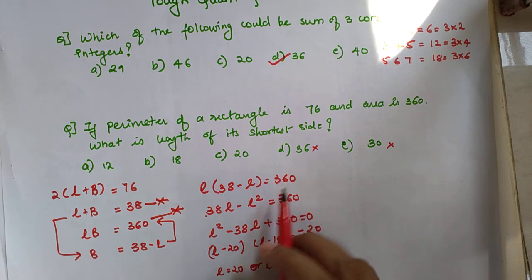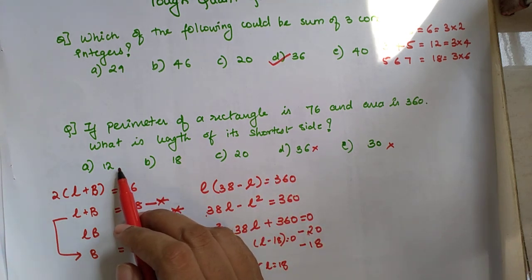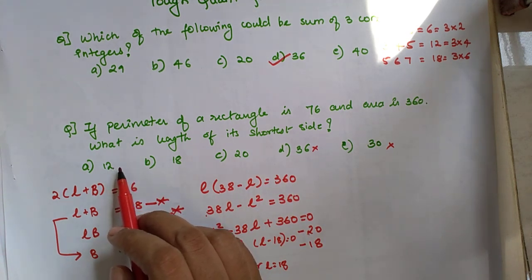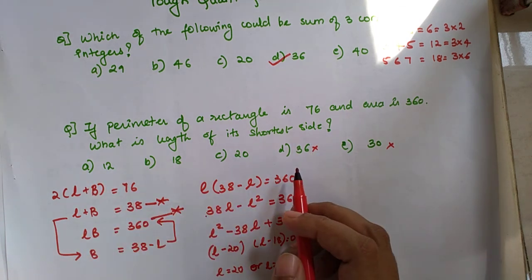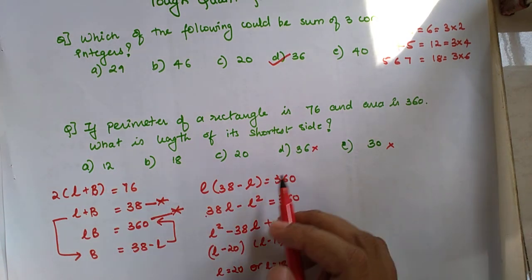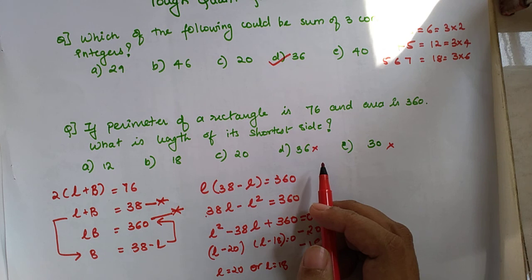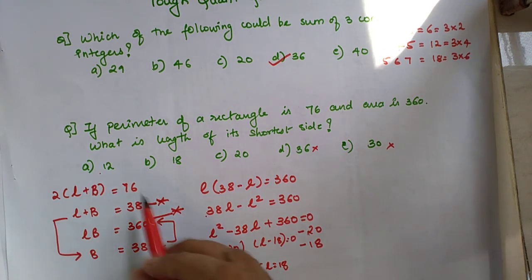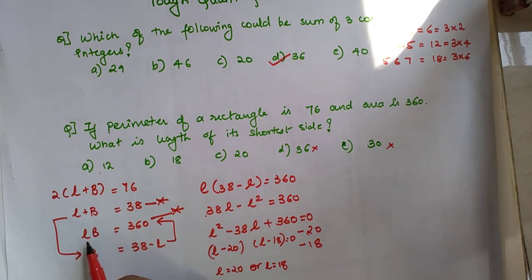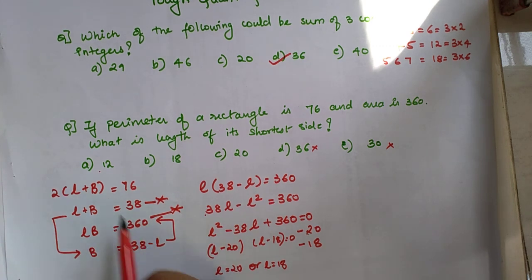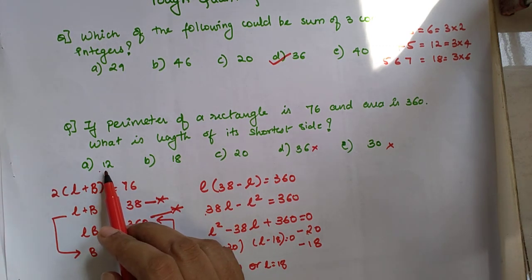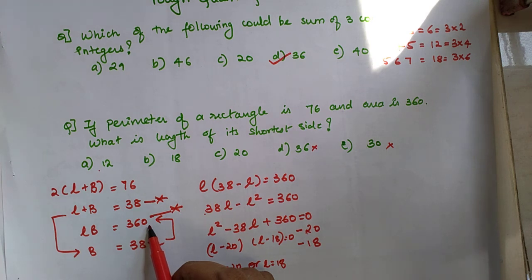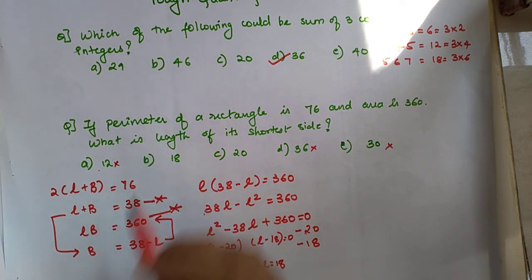Now if I talk about 12, the other side would be 24. So yes, 12 can be a possible answer, but the product of length and breadth should be 360. So 24 and 12, when I multiply, I'm not going to get 360. So that option is also gone.